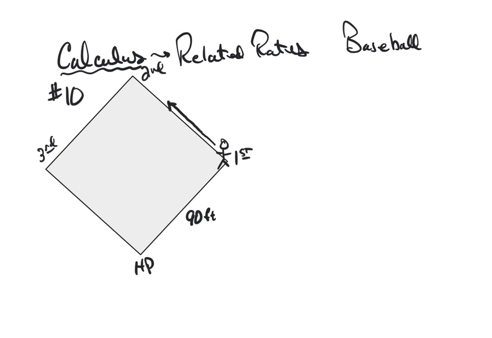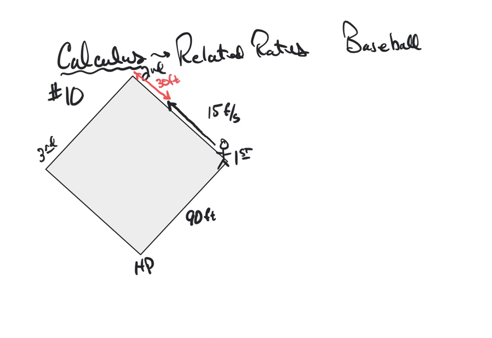Okay, we know what rate they're running at because the problem says this person has the ability to run at 15 feet per second. Now, we're going to look at the instant when the player is 30 feet from second base. So we're going to look when this distance to second is 30 feet.